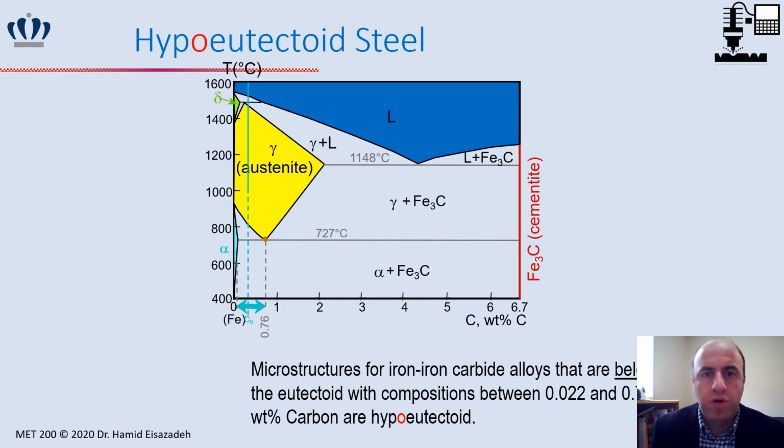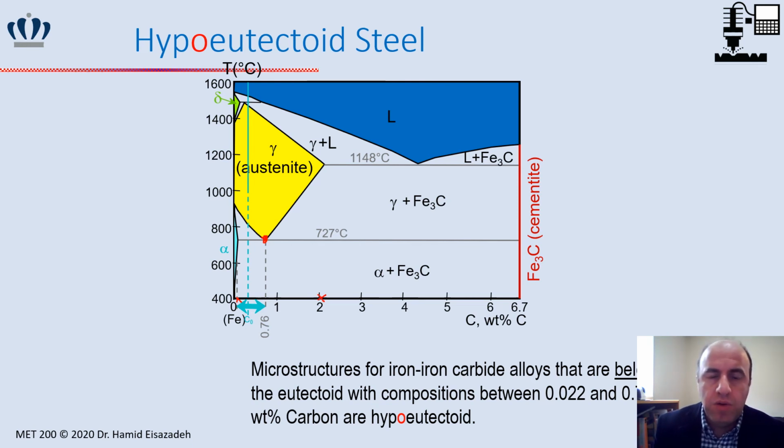If we are looking at steel with this composition, 0.76% carbon, it's called eutectoid steel. But if we are looking at steel, as I said before, from here to here, this area, we call this composition a steel.